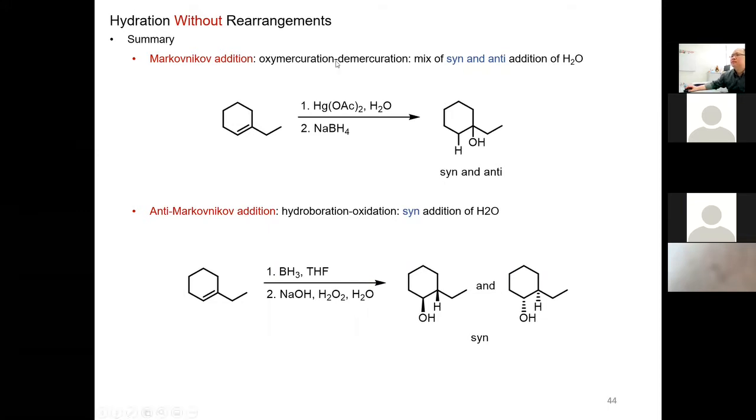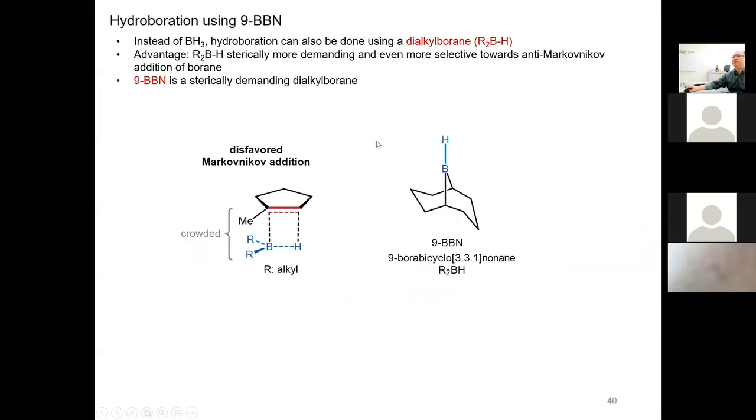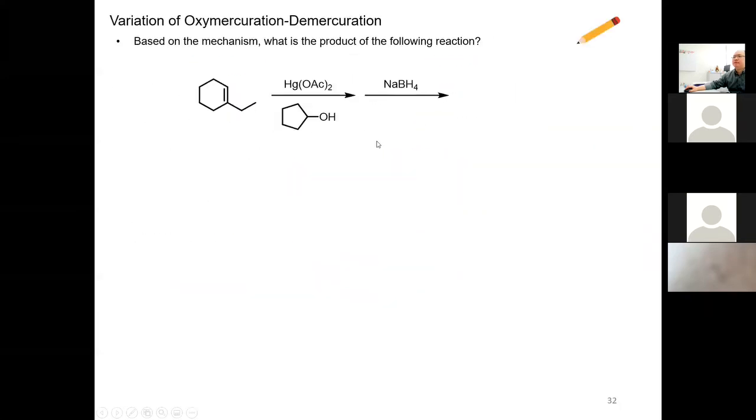Okay, so for the oxymercuration and the demercuration, it is syn, all right, and it can also be anti. All right, because of this mechanism, if you still remember.